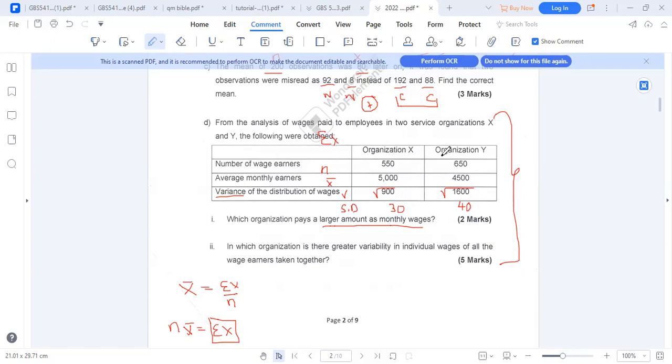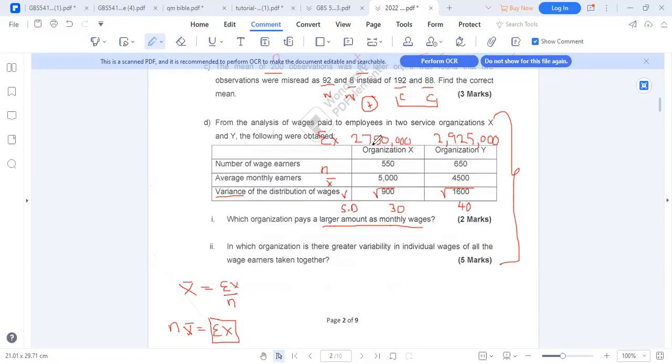What are you getting for organization X and Y? I found 2,925,000 for one, and for the other 2,750,000 and 3,000,000.